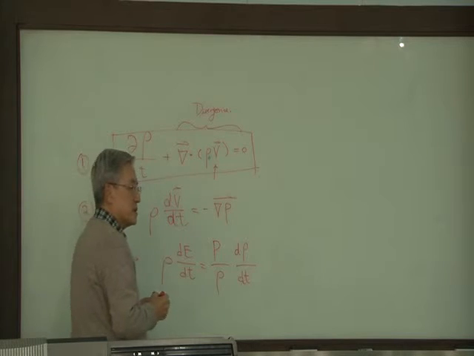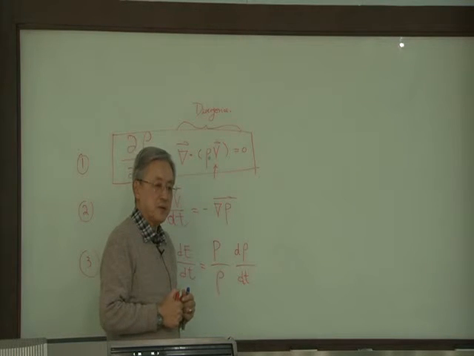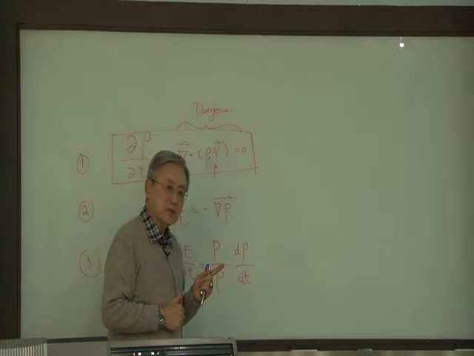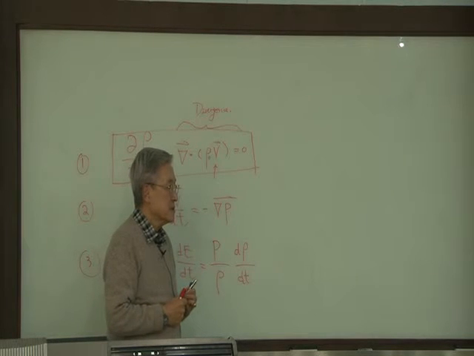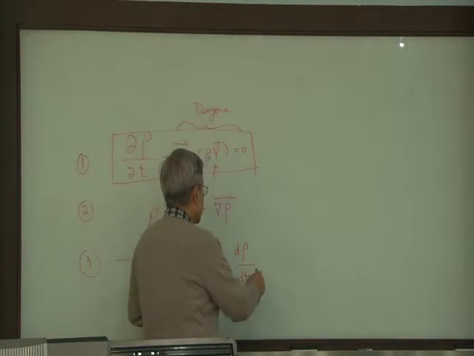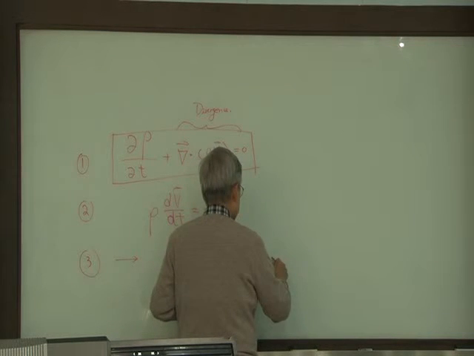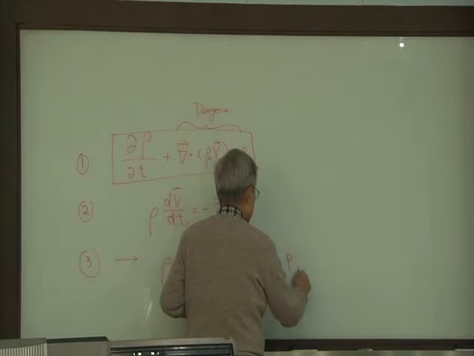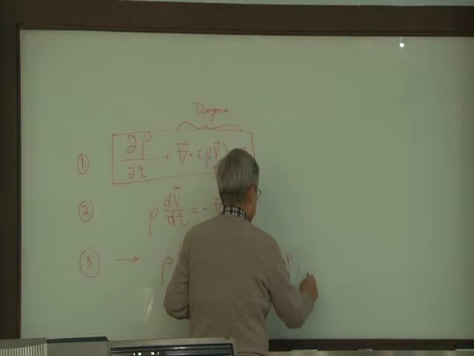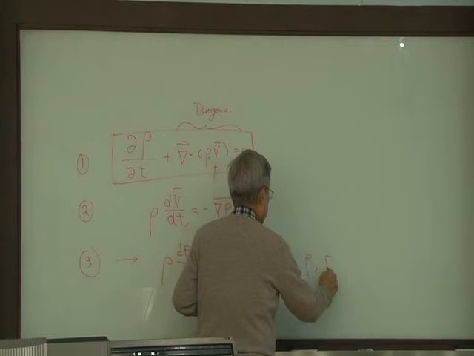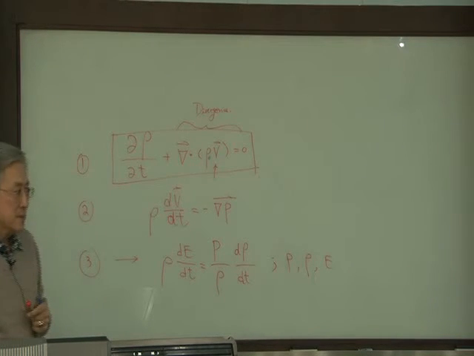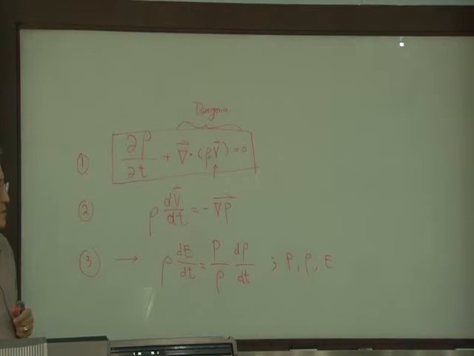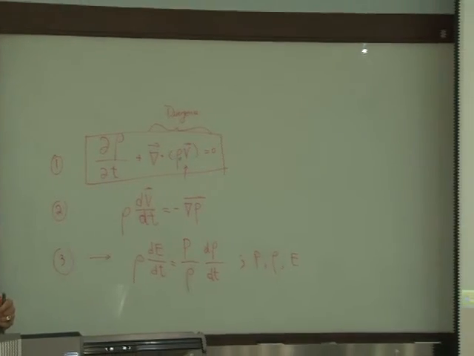This equation has a total of 3 parameters: internal energy, the pressure, and the mass density of the fluid. So you can tell 3 parameters: P, rho and E, okay? So that signifies this relationship.